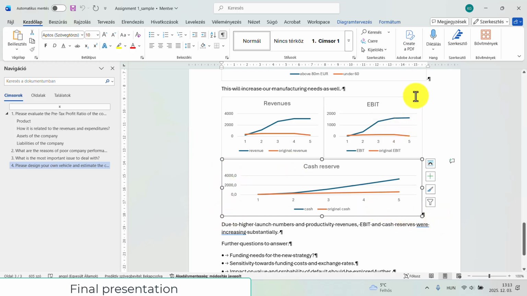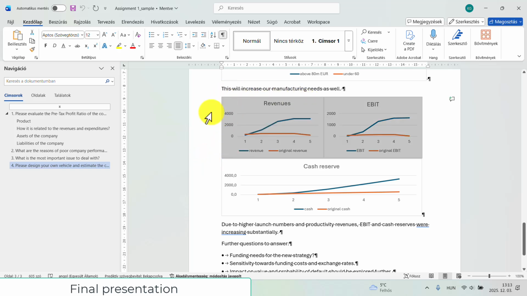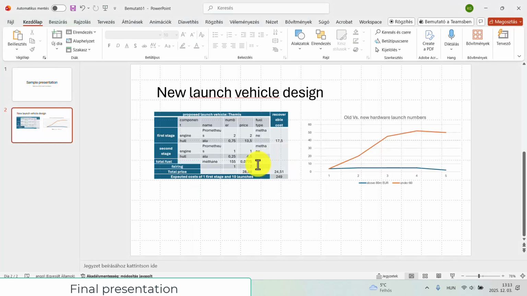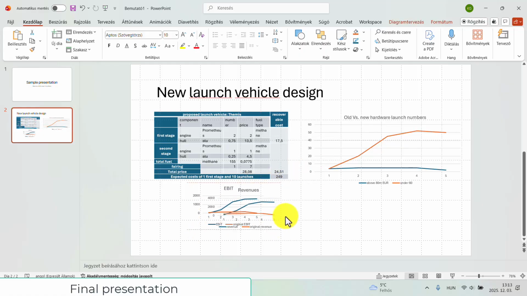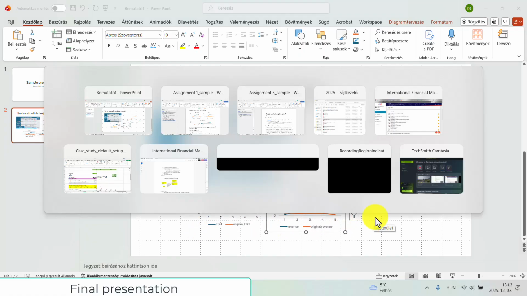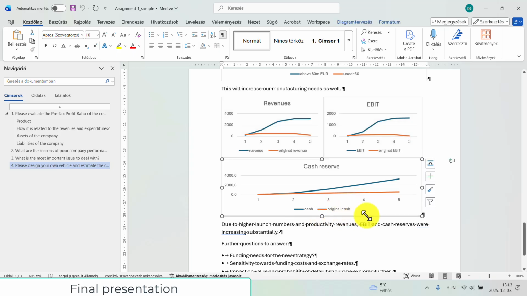Okay, let's add EBIT, revenues, and cash reserve.